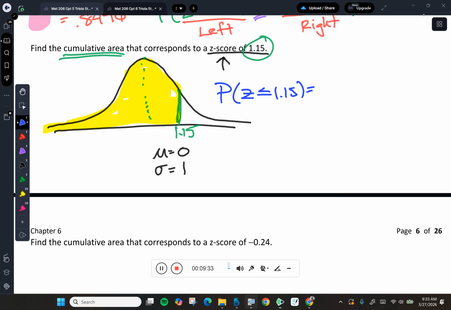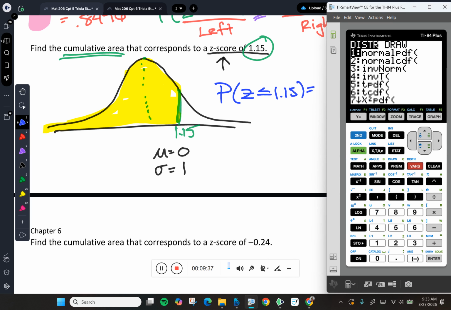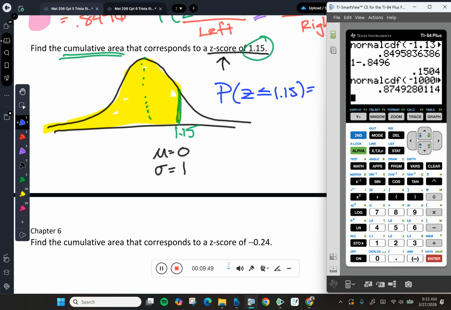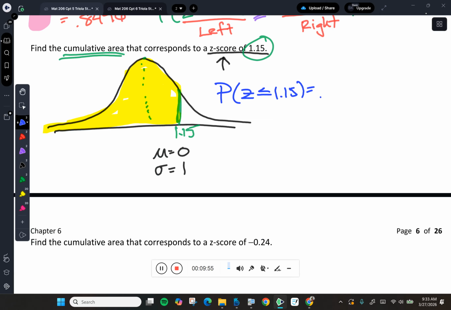And once I figure out what type of problem it is, then it's just a matter of grabbing the calculator, going to the normal CDF command. There's no lower limit given, so that negative big number again. Upper limit of 1.15, mean of 0, standard deviation 1, paste it back in, and I get 0.8749.